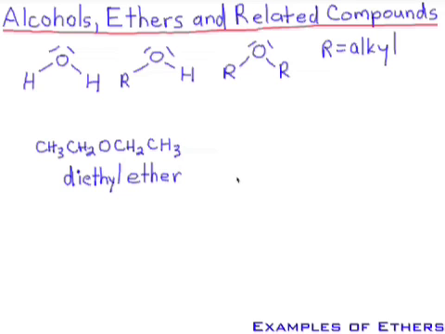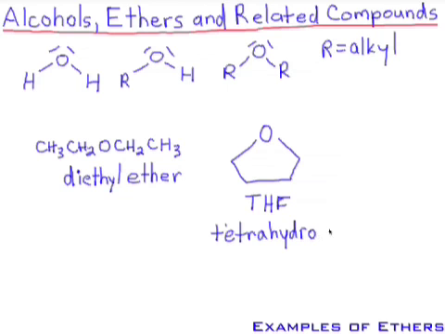Now, they can be straight chain, such as this, or they can be cyclic molecules. This molecule is given the abbreviation THF. THF comes from the word tetrahydrofuran. This name actually comes from a common molecule.